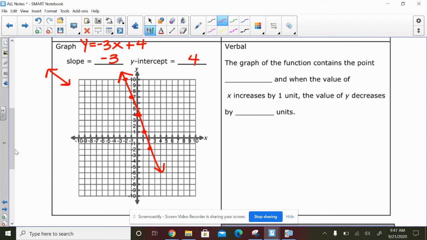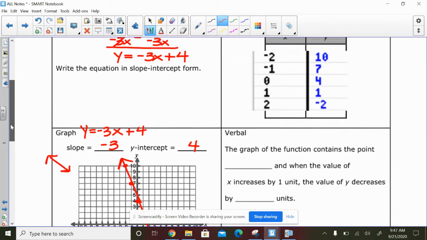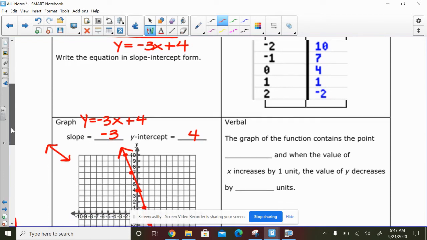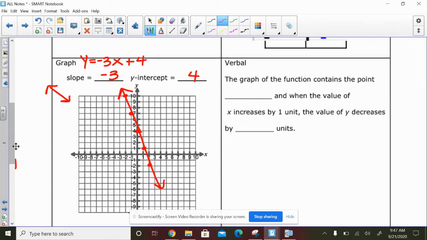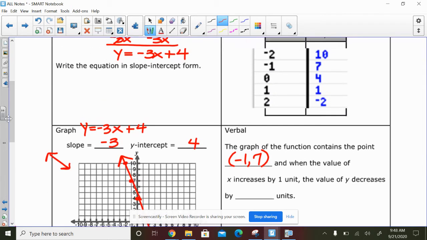And then the verbal description here says the graph of the function contains the point blank. You can choose any point you want. Okay, so I'm just going to come back up to my table. I'm going to choose negative 1, 7. It does not matter what point you choose. So it does contain the point, negative 1, 7. And when the value of x increases by 1, okay, so if you notice, from here to here, I'm adding 1.